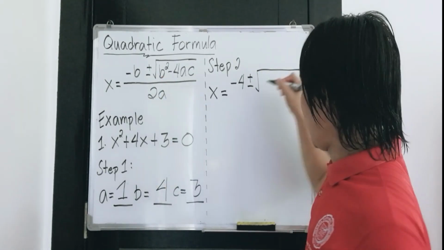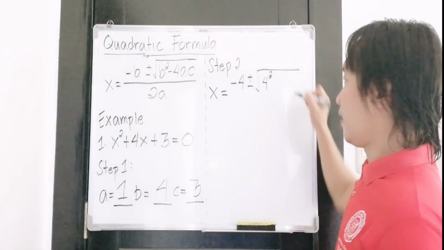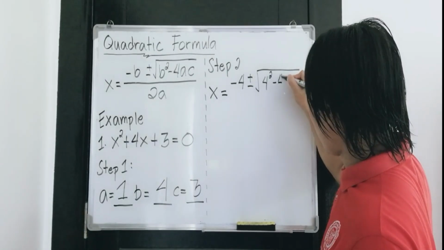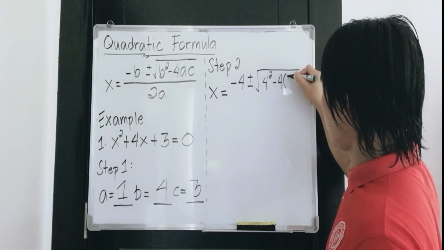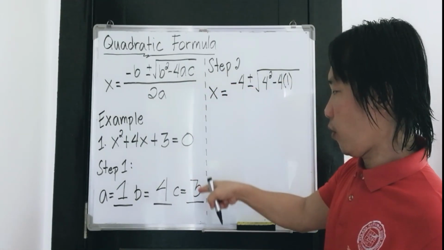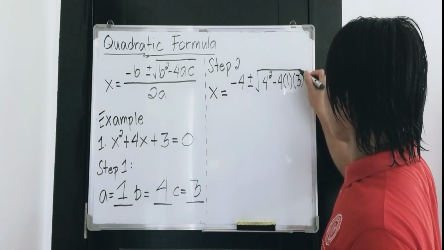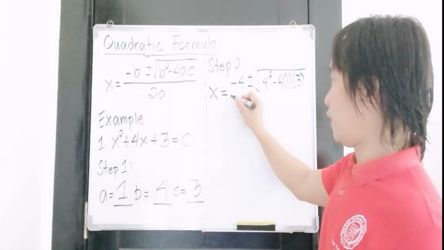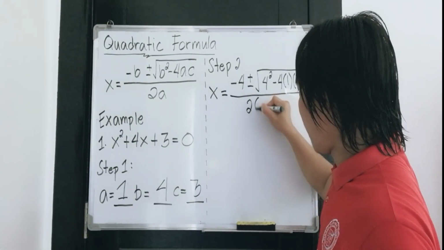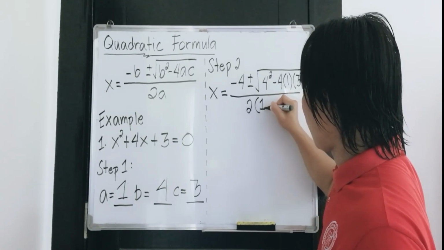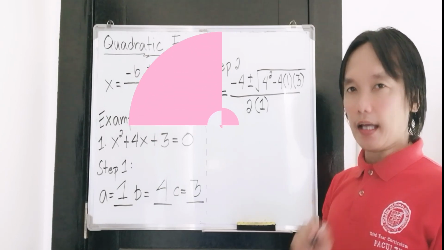Then b will be replaced by 4 again, squared minus 4, then a replaced by 1, and c replaced by the number 3, all over, we copy our 2 and replace a by 1. So this is now our second step.